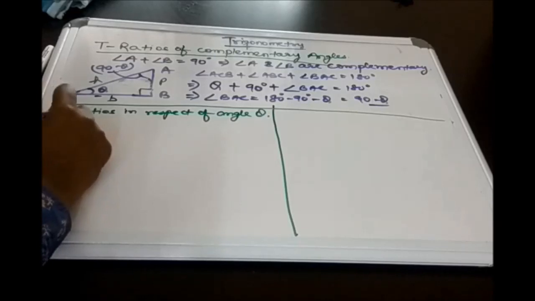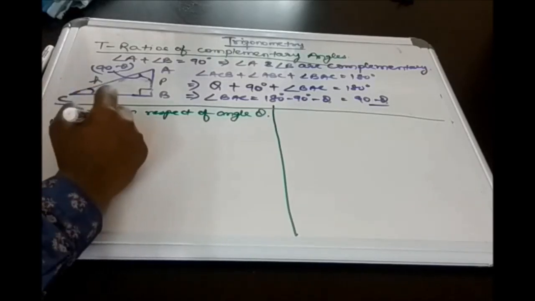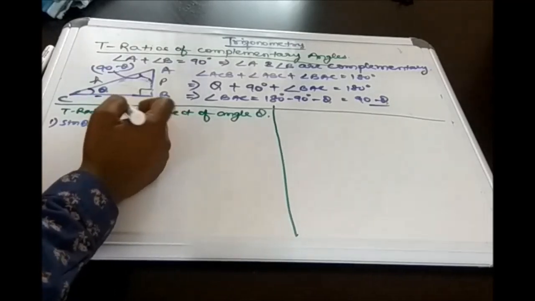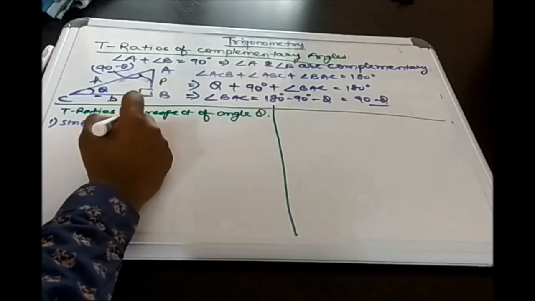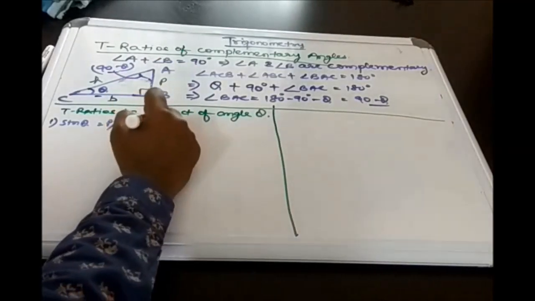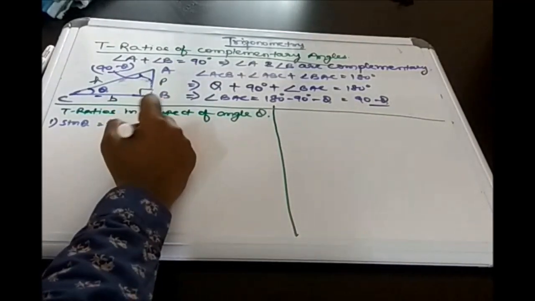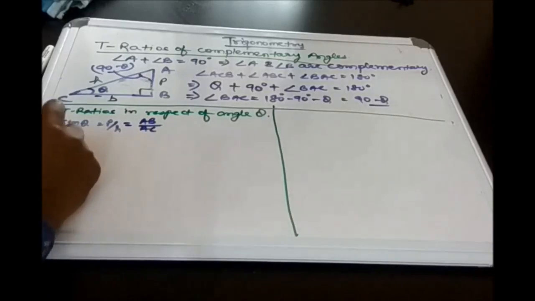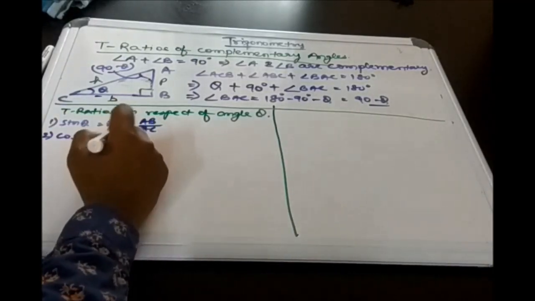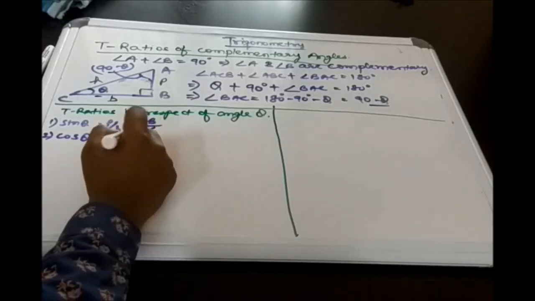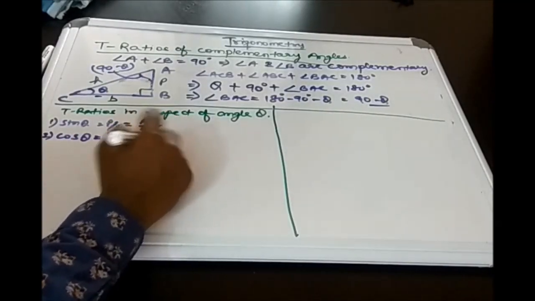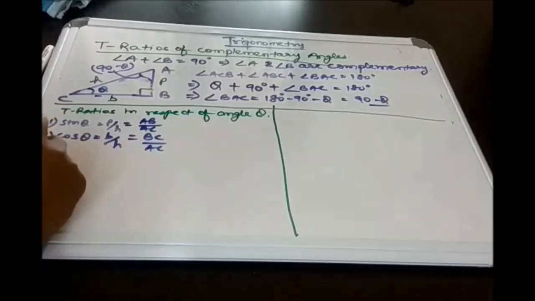First ratio is sine theta, that is P by H, perpendicular by hypotenuse, that is AB by AC. Second, cos theta, base by hypotenuse, that is B by H, which will become BC by AC.